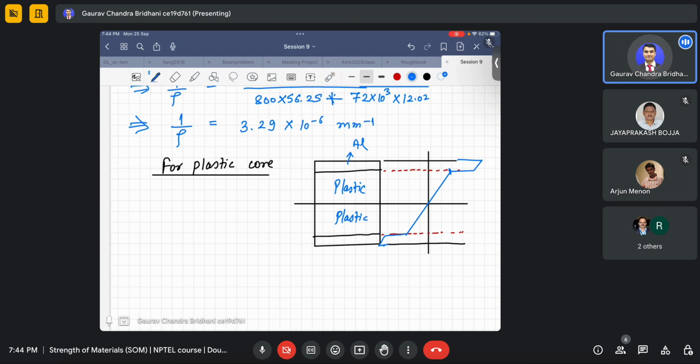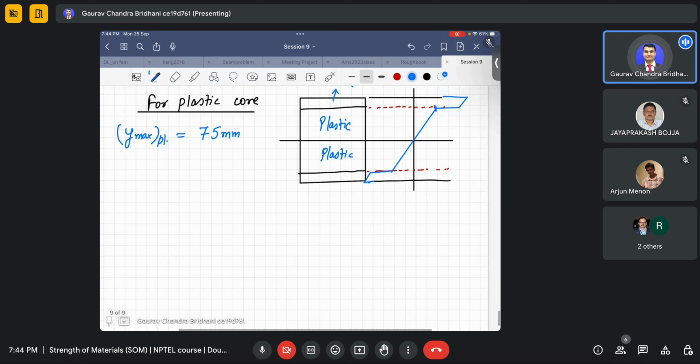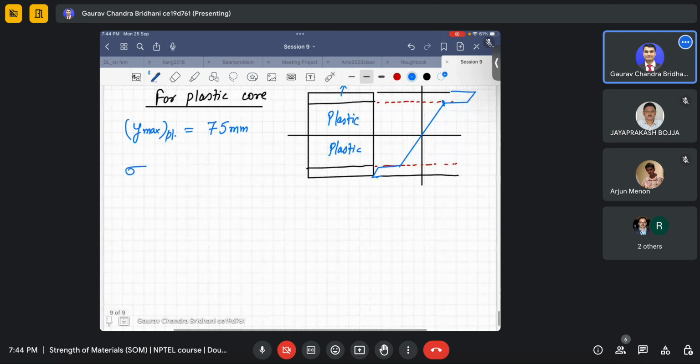So I found y max for plastic, and it is nothing but 75 mm. I also know rho. Now what is sigma plastic? Sigma is nothing but y by rho into E plastic, or E1, E1 is the plastic one.